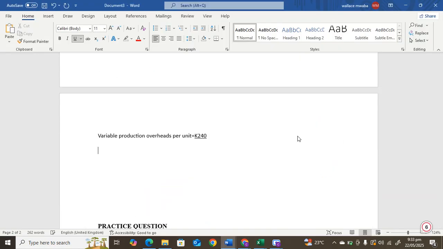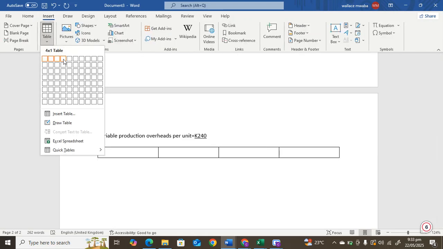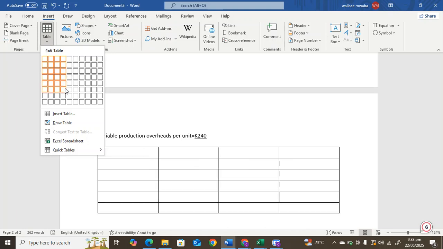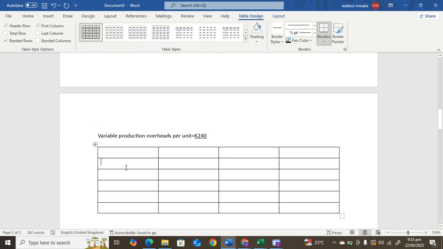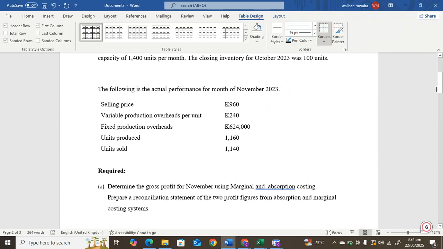Okay. So as I said, this profit statement is similar to the trading account which we learned in financial accounts. You start with your sales revenue. We see our selling price.